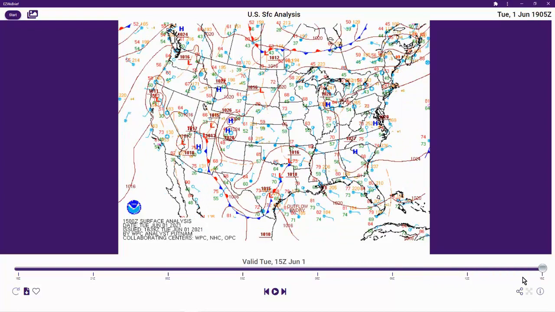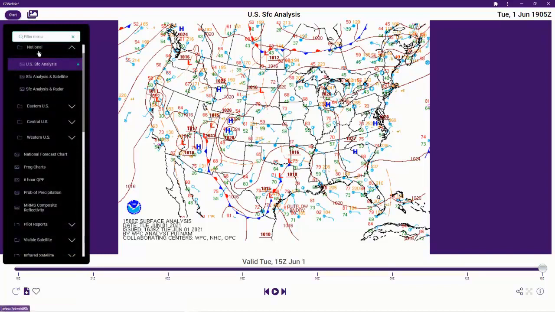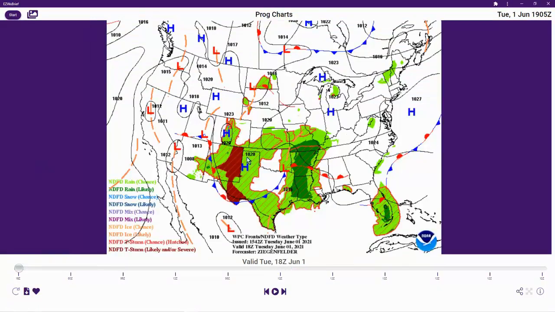And then once you've got a pretty good depiction of that, then you can work your way into the Prog charts. In EZWxBrief, all the Prog charts are available for you in the Imagery.